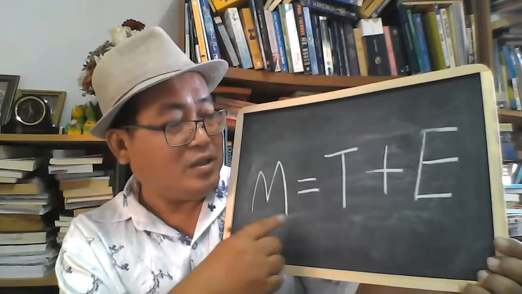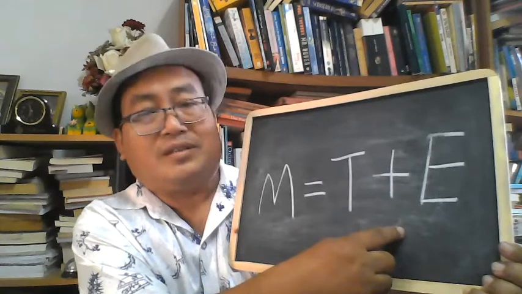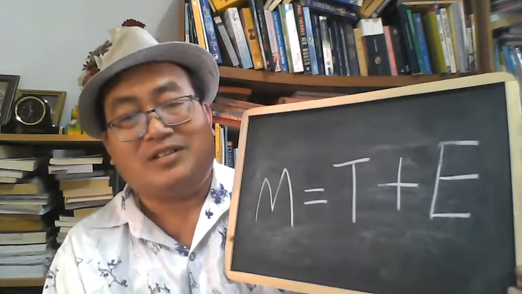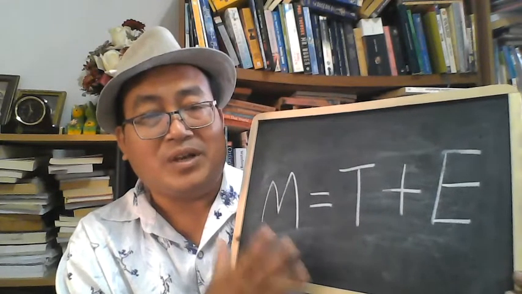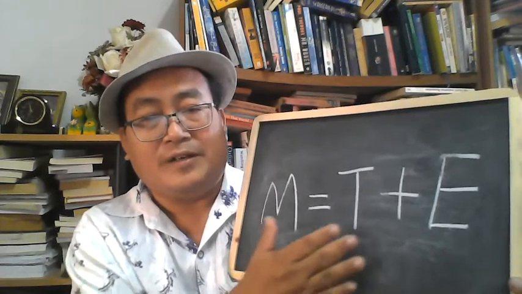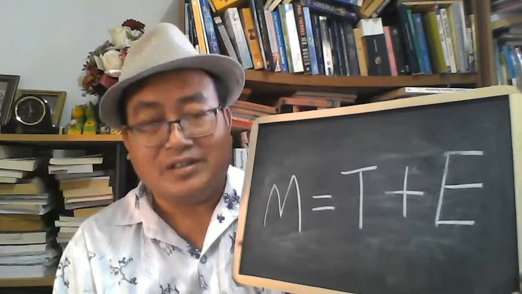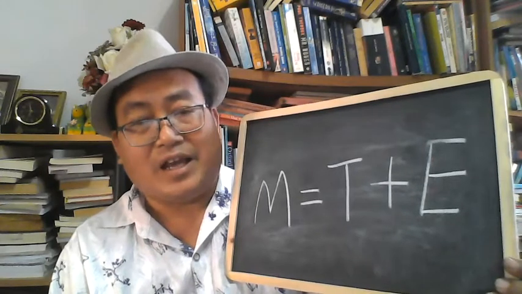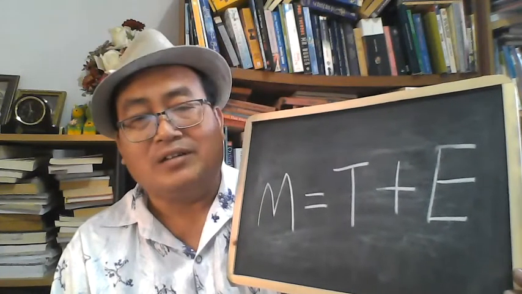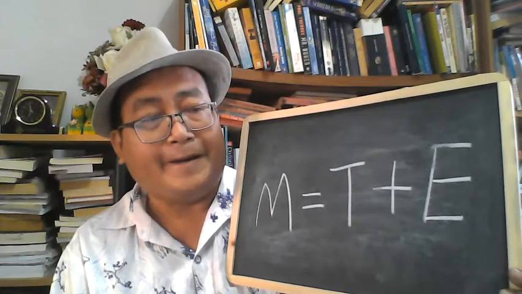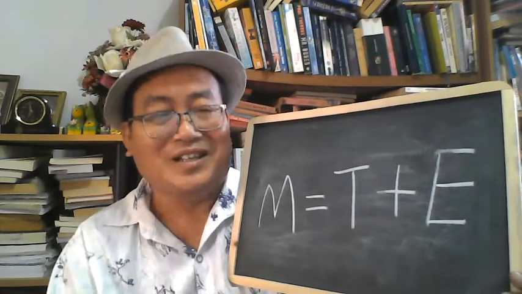Measurement equals true score plus errors. Okay, every measurement has some kind of errors, and there are two kinds of error: systematic errors and random error. Random error cannot be made to disappear, in theory anyway.